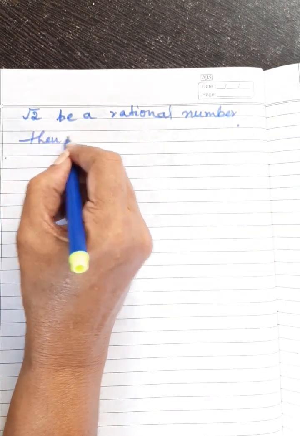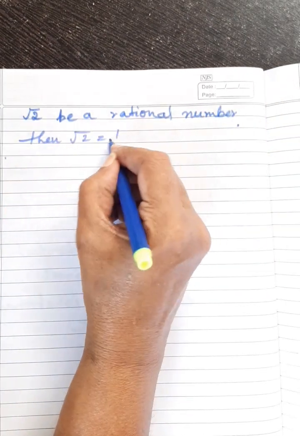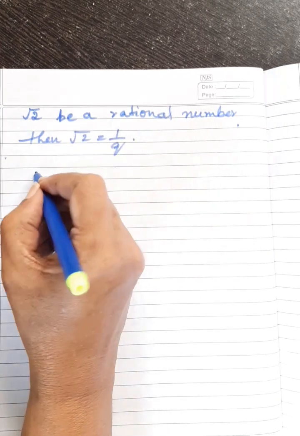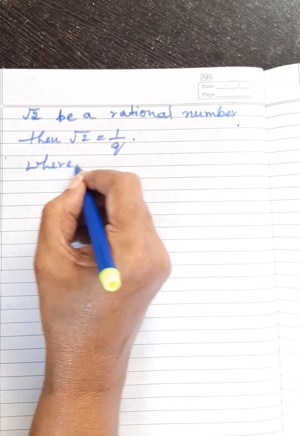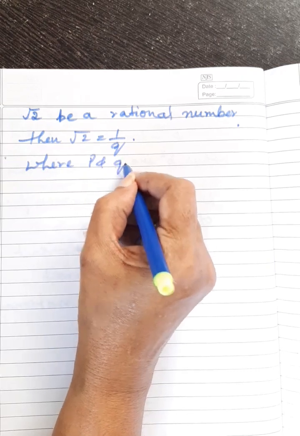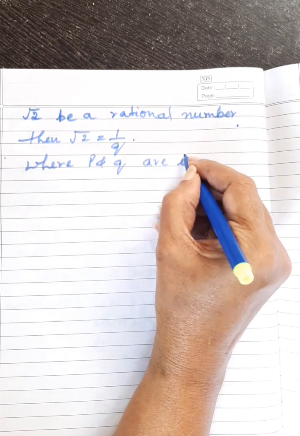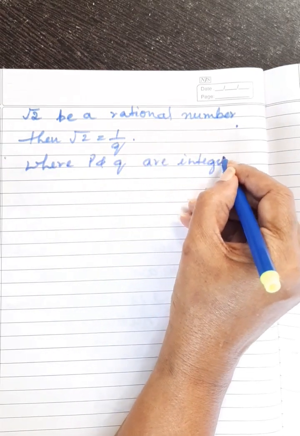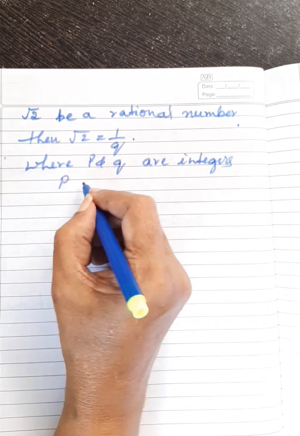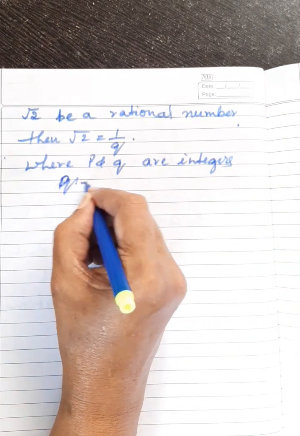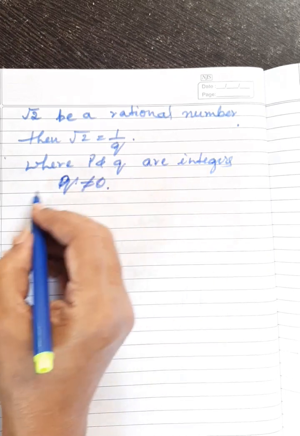Then root 2 equals P by Q, where P and Q are integers. So Q is not equal to 0.